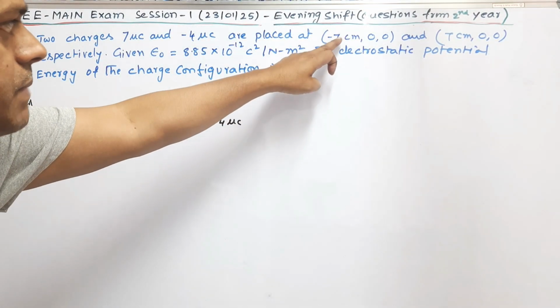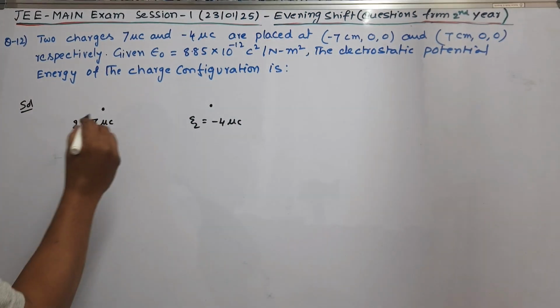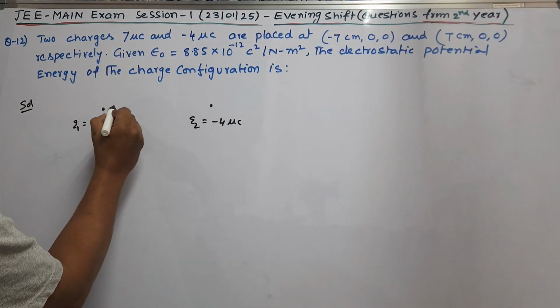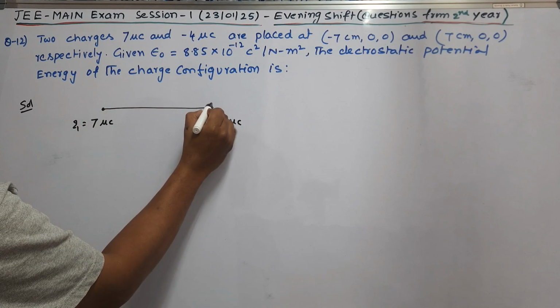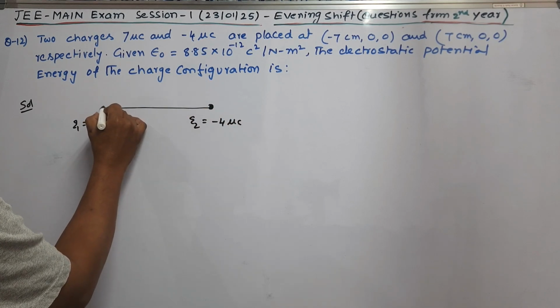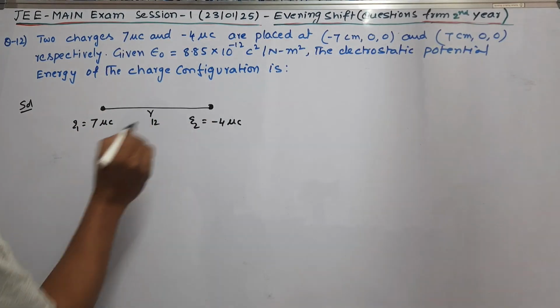What are those? Minus 7, 0, 0 and 7, 0, 0. So what is the electrostatic potential energy of the charge configuration? Actually, these two charges are separated by some distance. This is Q1, this is Q2, and the distance is R12.